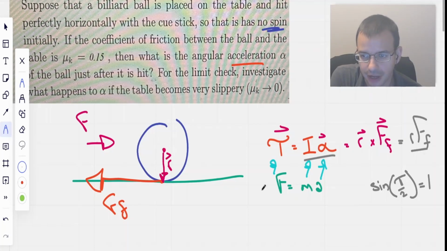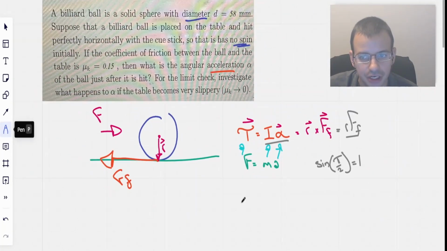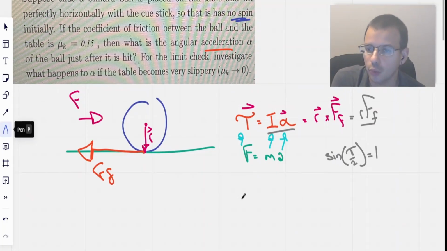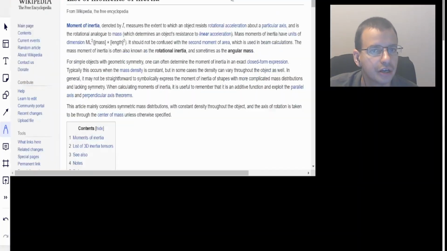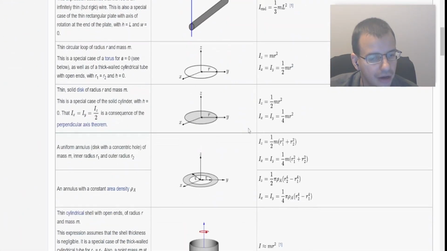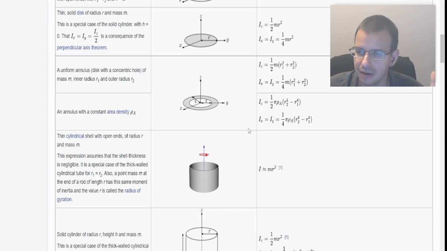All right, so now we got this part. We want to find angular acceleration. I think I'll go one step further. I'm going to say that moment of inertia, if we look this up, go to Wikipedia, the list of moments of inertia, scroll down. We could derive this, but we're not going to.